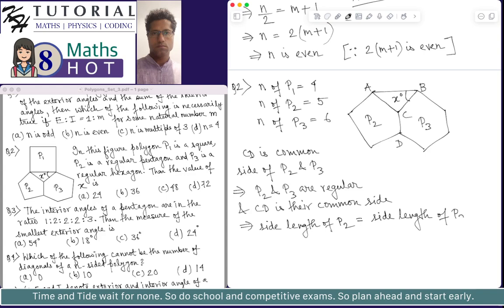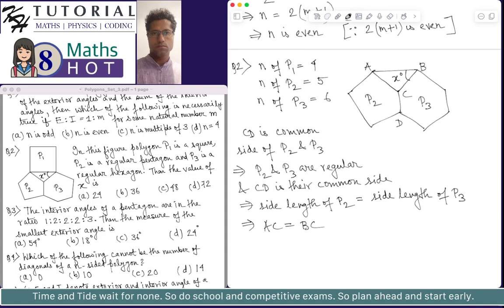That is, the length of each side of P2 is equal to the length of each side of P3. This implies we can say AC is equal to BC. Okay. Now AC is equal to BC.